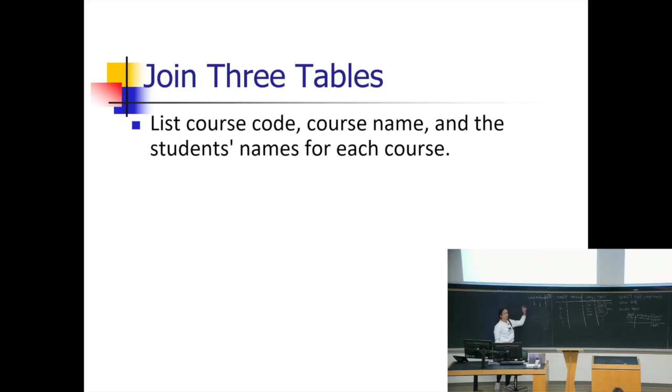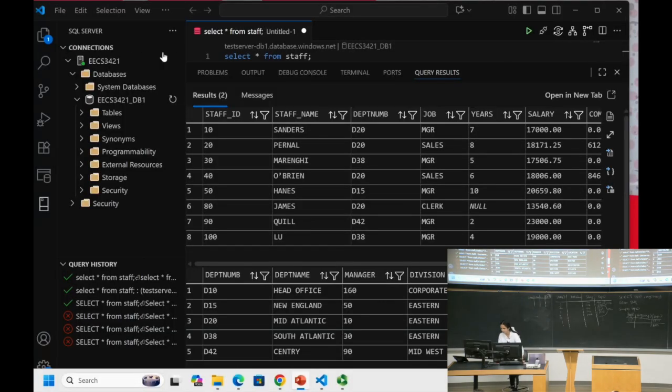So instructor ID is the foreign key here. Now, we want to find course code, course name, and student name for each course.